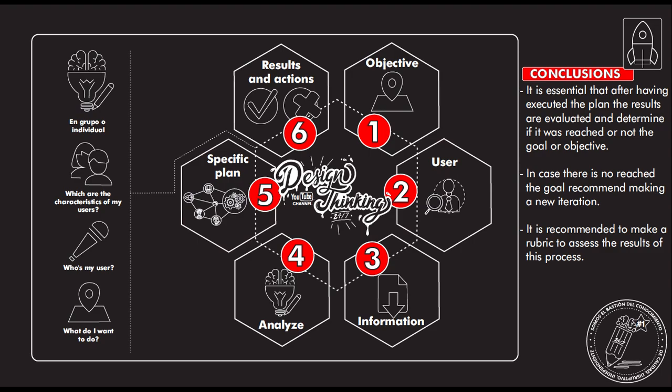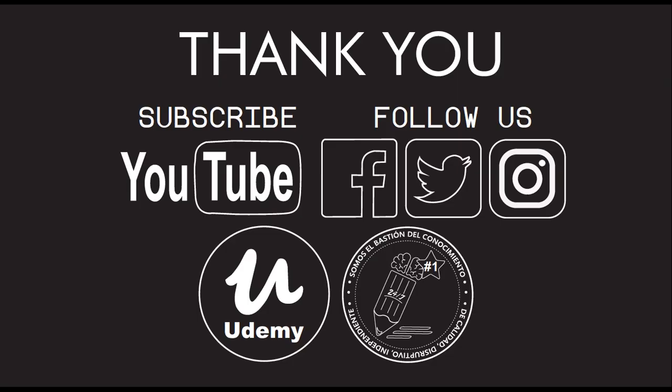It is recommended to make a rubric to assess the result of the process. It means that you could create a way to evaluate the results. A rubric is very good because it will allow you to evaluate specific points in your development.